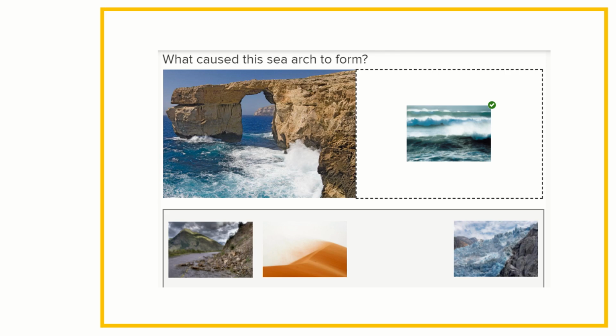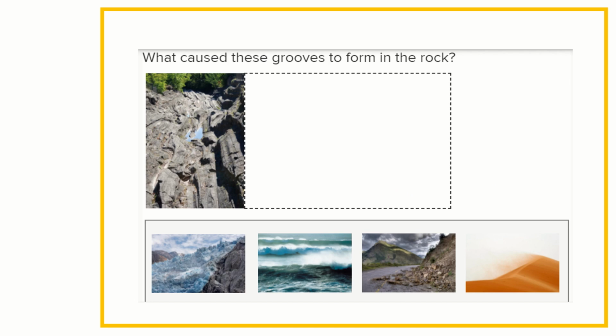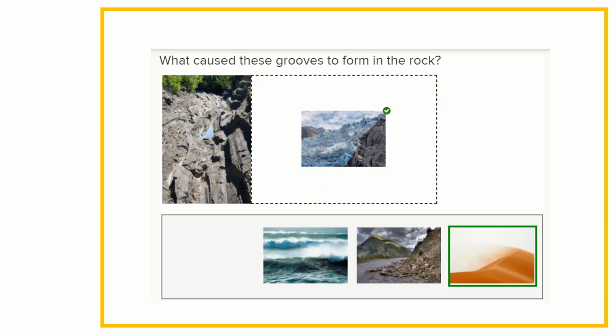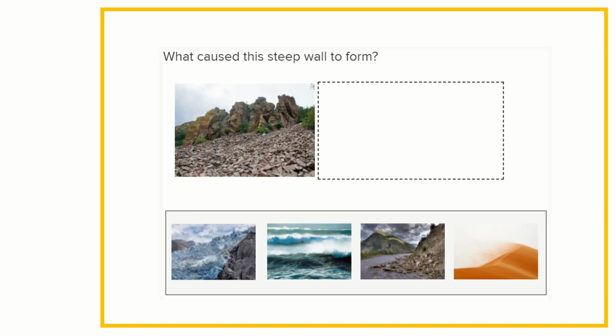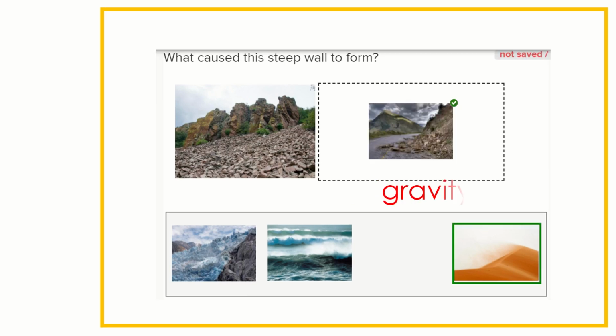So it was abrasion from the waves, the action of the water hitting into the rock constantly. Here, this is what I told you. You can see those scratch marks inside of the rock, and this was formed from the glaciers or the ice. Here you can see gravity caused this to fall down.